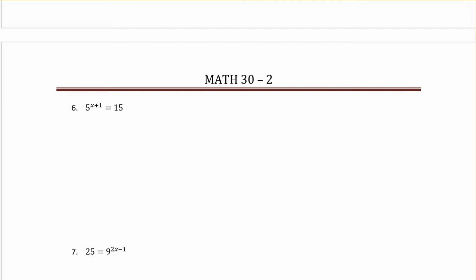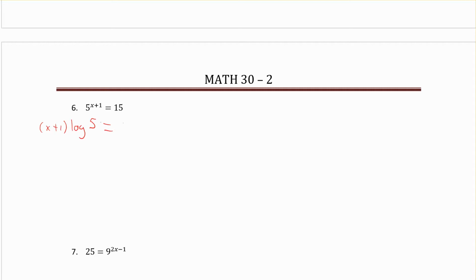So we're going to write this as log 5 to the power of x plus 1, right? But my log law says I can just put the exponent over here. So I'm going to do that now. x plus 1. That's the same thing, right? That's what we were allowed to do if we take a log. That was the third log law.